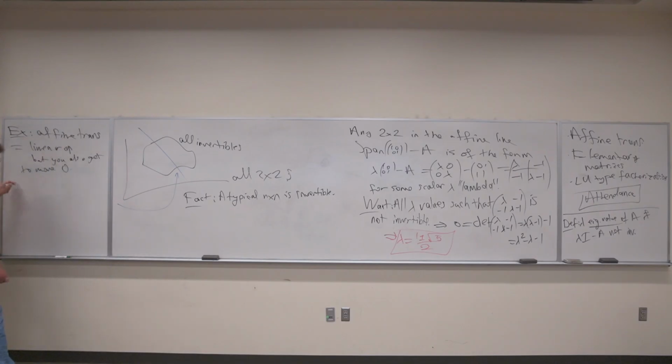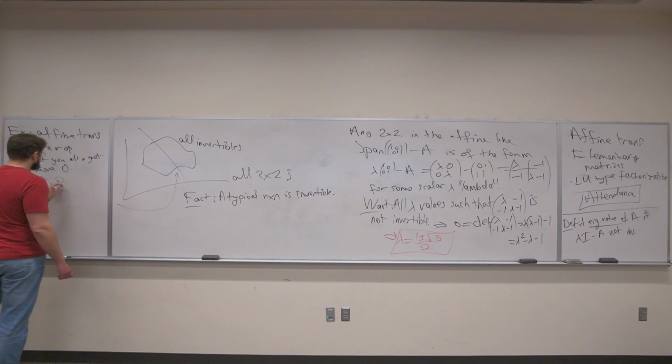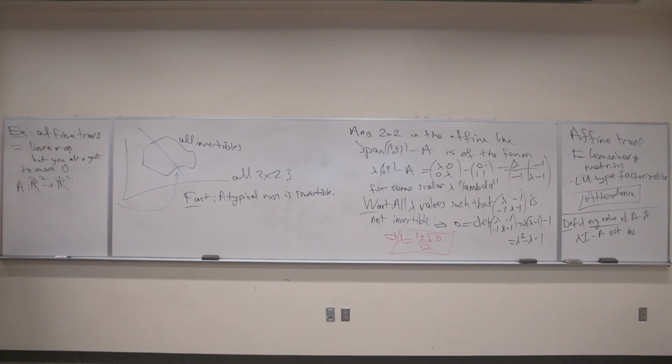So here's an example. Let's just try to visualize this. Well, let's say A is taking an xy and sends it to this.